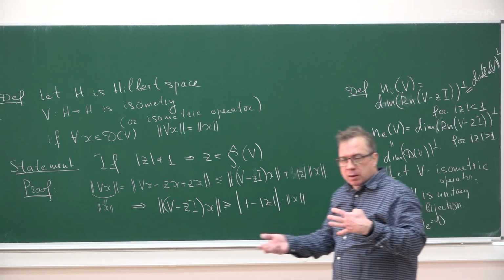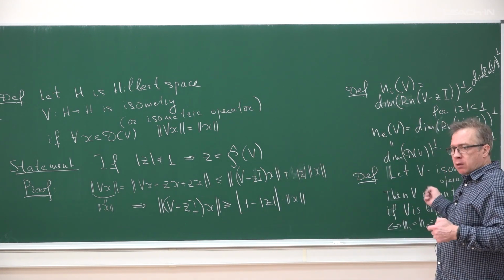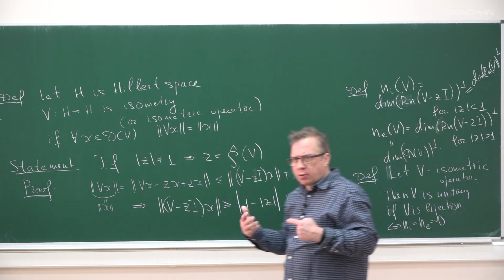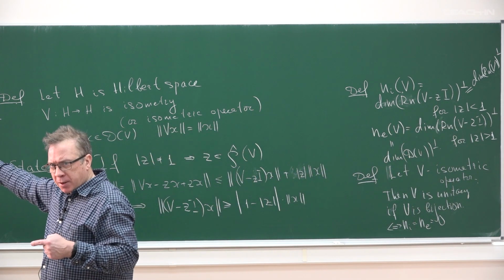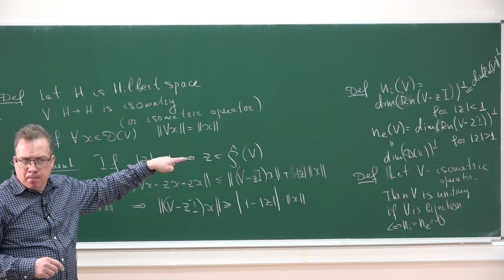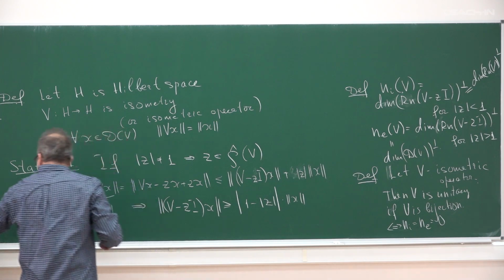So now we try to use this fact and try to construct the theory of extension of a symmetric operator with the help of an isometry operator. So, Cayley transform.